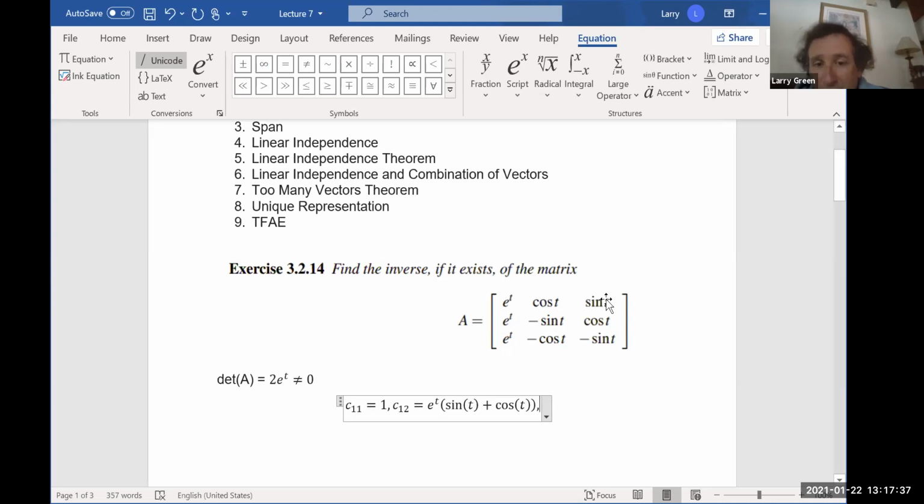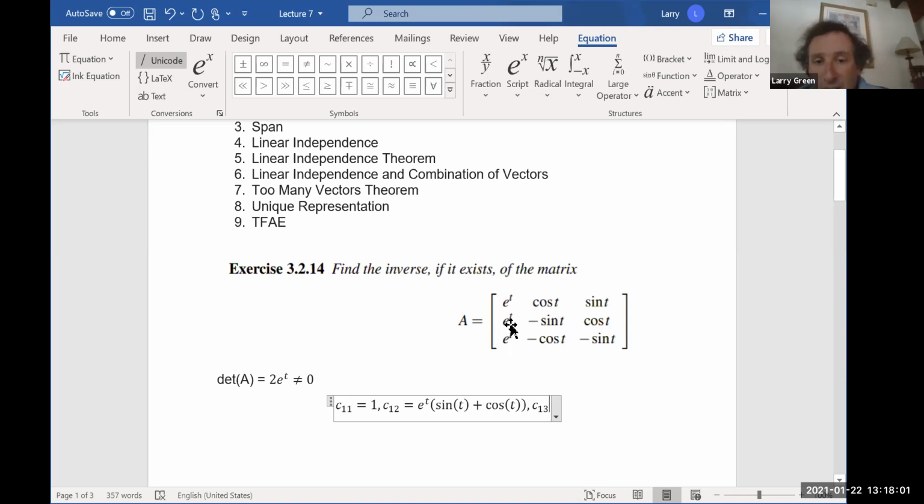So it's going to be a bunch. So let's go on. C13. So I get rid of the first row, third column. And if you get rid of the first row, third column, notice it's going to be a 1 plus 3 is 4. That makes it positive.